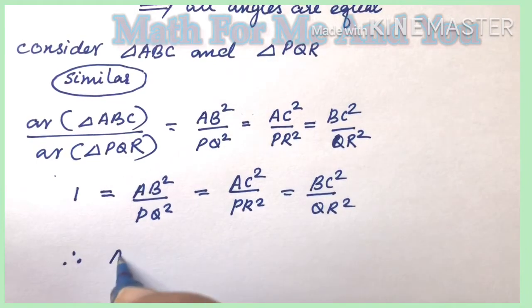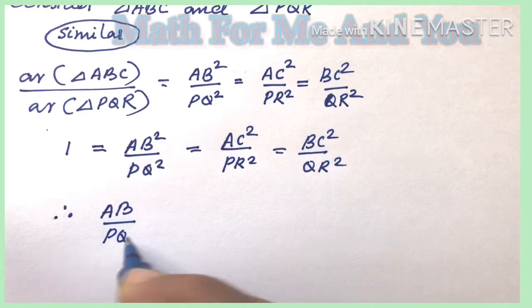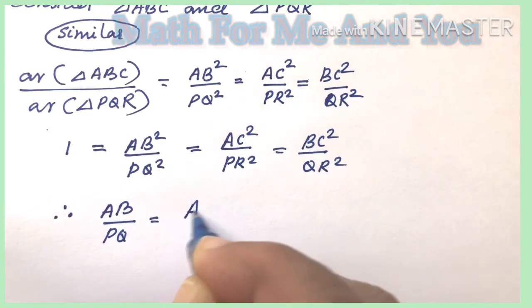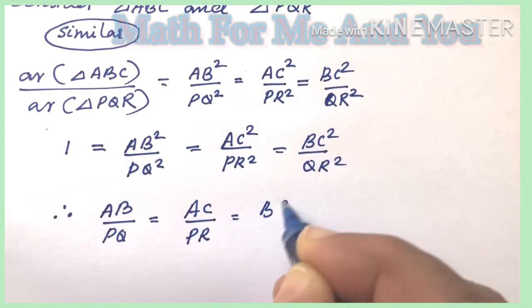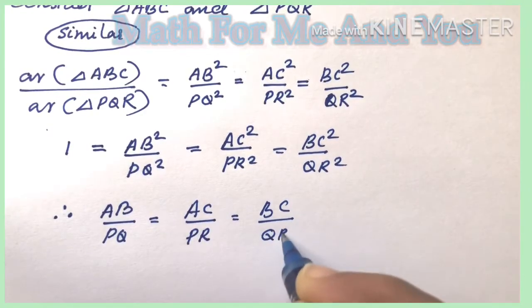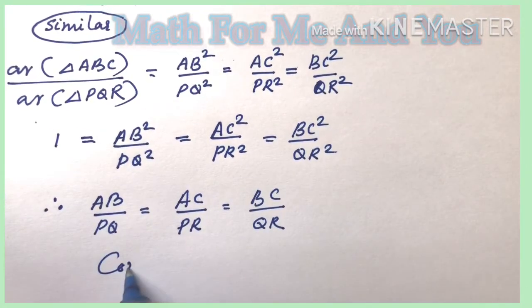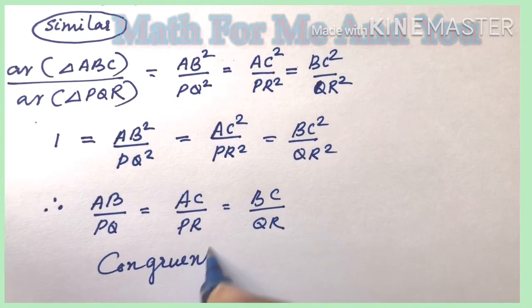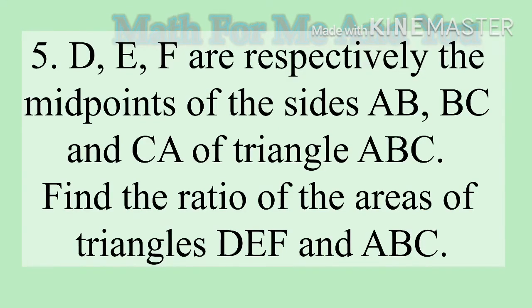The square root also is 1. We can write AB by PQ is equal to AC by PR is equal to BC by QR. Then we can see all the corresponding sides' ratios are equal. Then what can we say? The triangles are congruent.